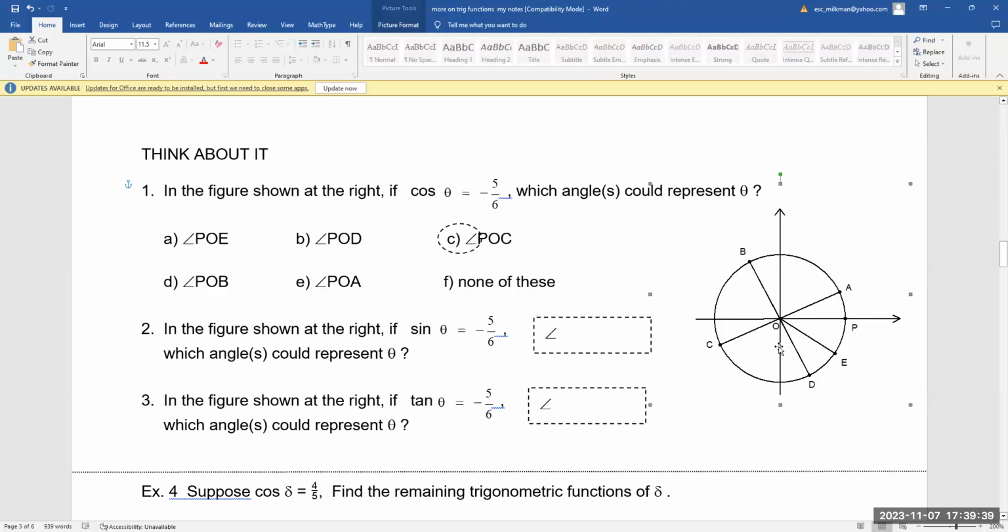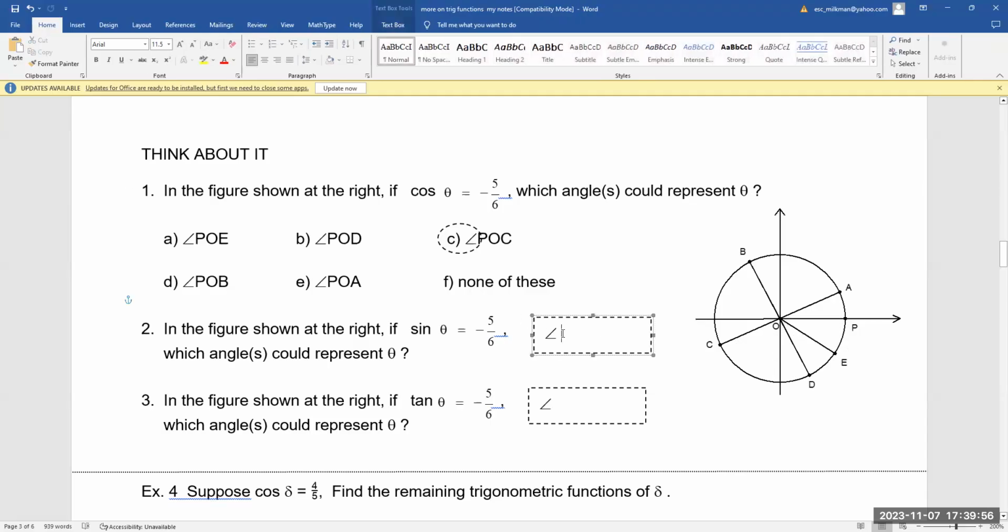This y value, or this y value? Well, if our radius is 6, this y value looks to me to be 5/6. Okay, so POD is my answer. And again, we can discuss this during office hours if we need to, if you don't quite understand the values, not just the sign of the trig ratio, but the value. Okay, for -5/6, I got the answer.